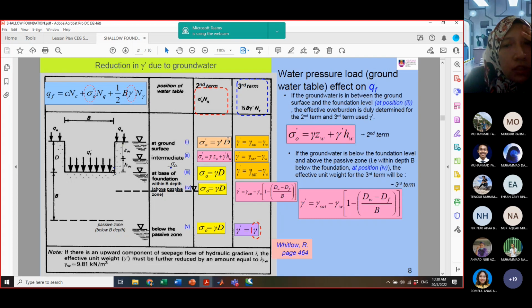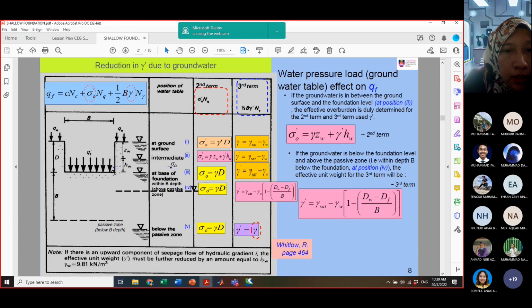For these particular things, kalau you look at the first one, at the ground surface here, okay, it says that if you have the water table at the ground surface, so this is case number 1. Okay, the changes will affect the unit weight.